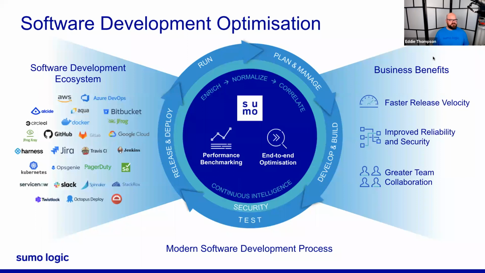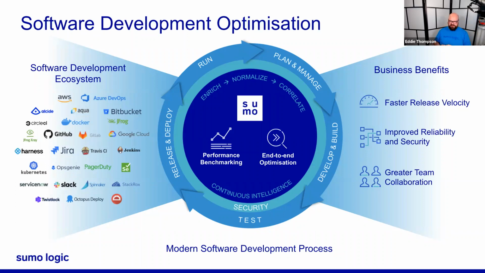Specifically, as I mentioned, we're talking about software development optimization, and the software development ecosystem these days is very broad. It has more moving parts than ever before across development tooling, infrastructure tooling, CI/CD tooling, everything that we use to deploy applications quickly and respond to problems in real time.